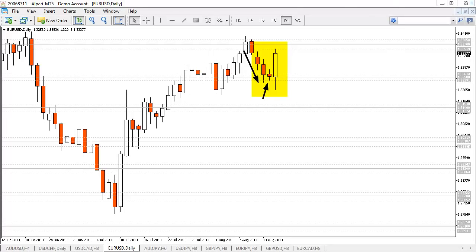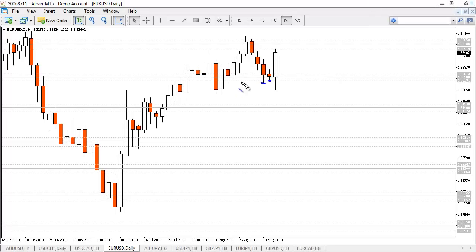And the other sign that buyers were fighting for control of the market is that sellers couldn't make a new low. Check out the low here and then the low there. Sellers weren't able to make a new low, so that again told us buyers were taking control of this market. So we got this indecision candle forming on support, and the entry for this one was easy.